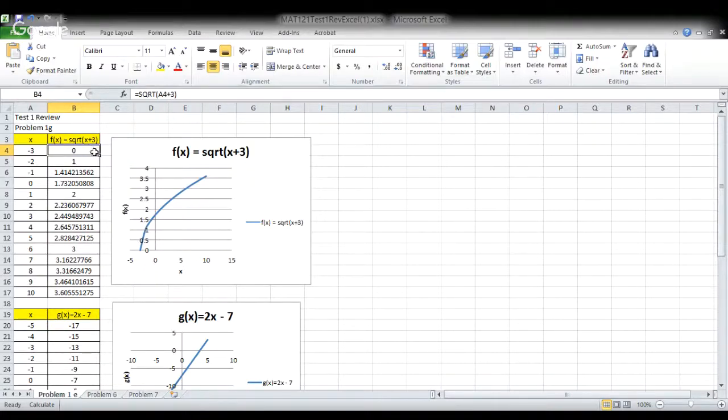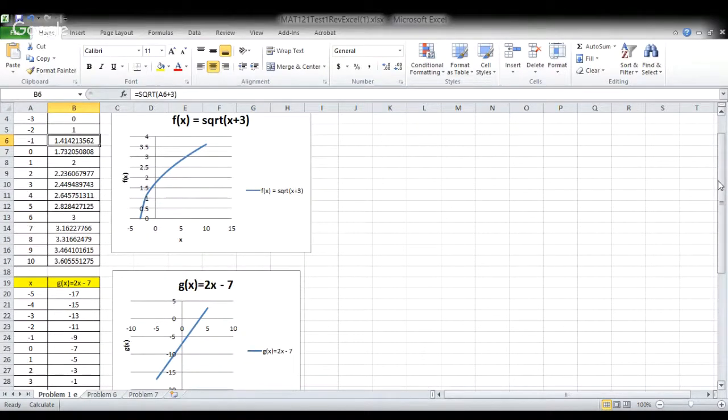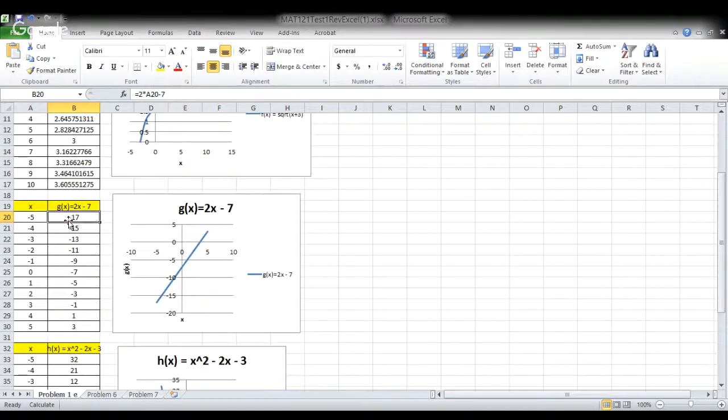And then when I grab this little thing and pull it down, it gives me the correct cell reference for each one. Like this one says A6. Some of you didn't do that on your lab and you lost points for it, and you will lose points for that on the test too. So in each one of these cases, there are cell references. Here it's referencing the A20. You're multiplying 2 times A20 minus 7. So make sure you do that.